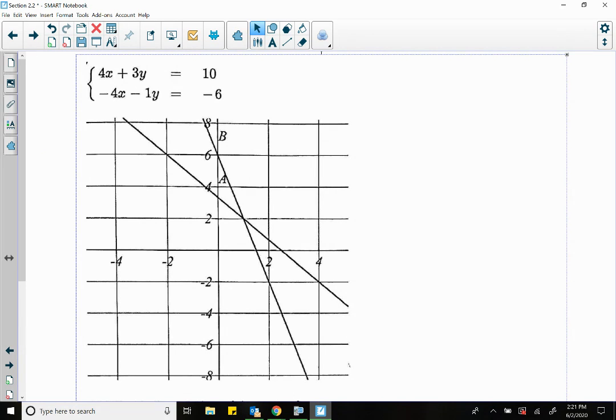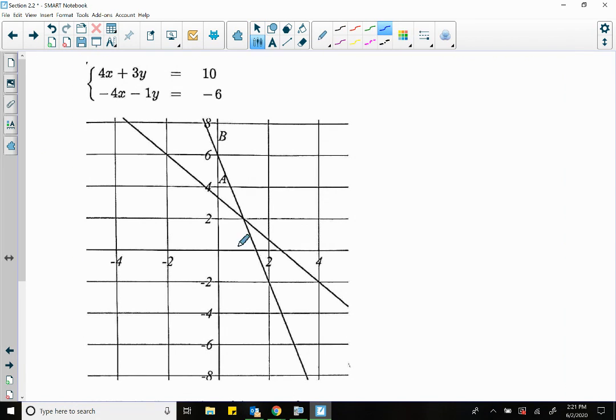Okay? Now, things that I need you to notice real quick. Notice that our axes are right here. We darkened them in for you. So there's the y-axis. There's the x-axis. Notice that they're counting by 2s. Keep that in mind.